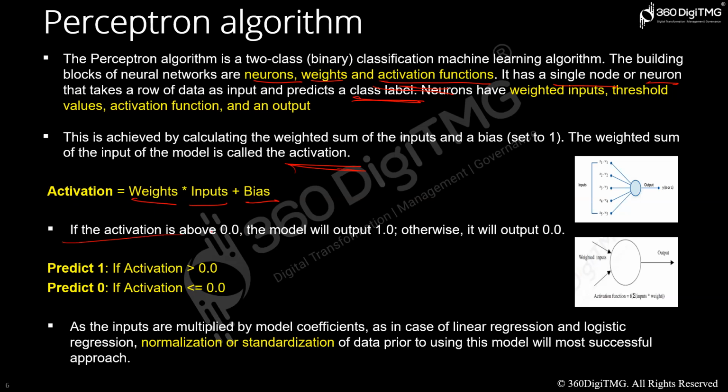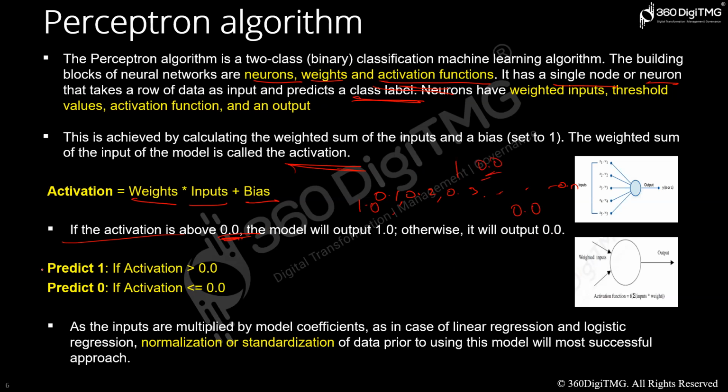So here, if the activation is above 0.0, that is 0.1, 0.2, 0.3, and so on, the model will output 1. Otherwise, it will output 0.0. So if activation is above 0.0, then it will output 1; otherwise, it will output 0.0 itself.